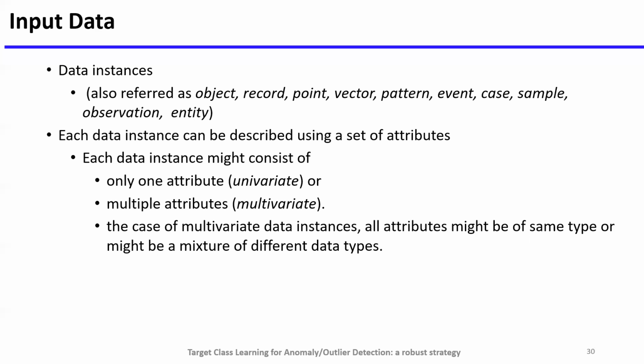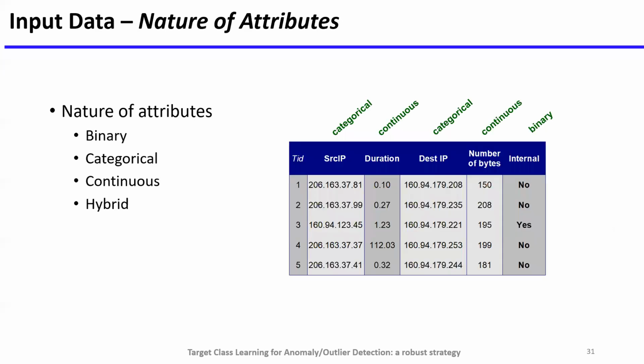Once we talk about multivariate data instances, it is very likely that all the attributes do not have the same type of representation. They may have different data formats. We will also see various combinations in the nature of the attributes.